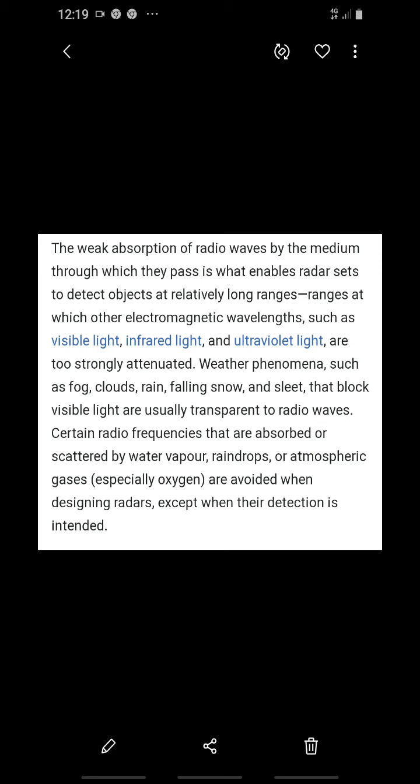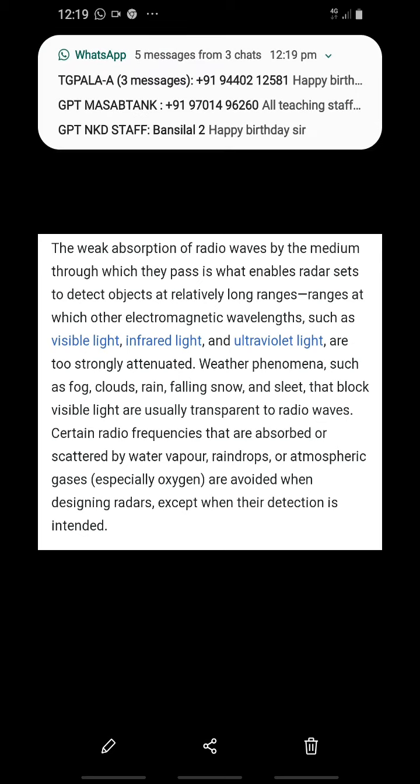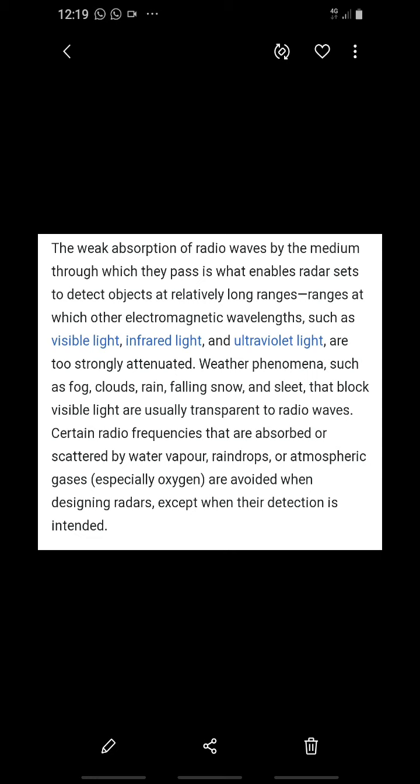Weather phenomena such as fog, clouds, rain, falling snow, and sleet that block visible light are usually transparent to radio waves.